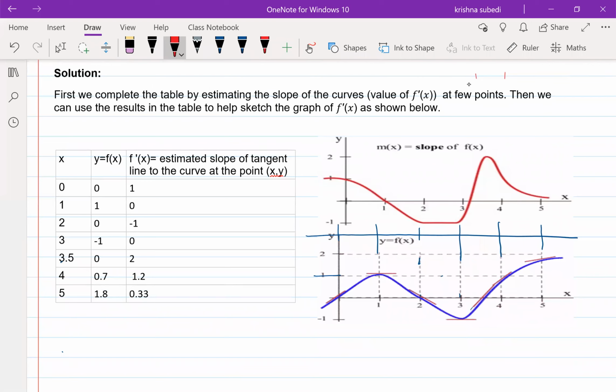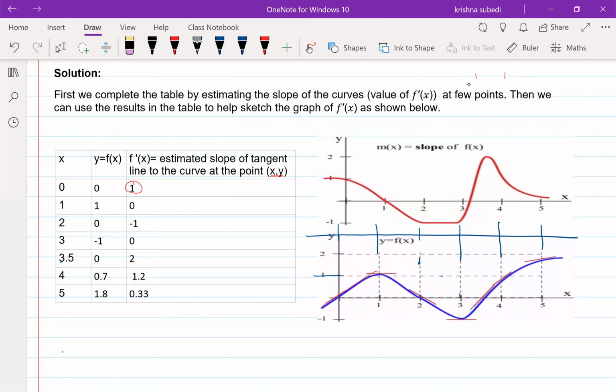At x equals 0 and y equals 0, if I draw the line, as you can see, this tangent line looks to me like rise is 1 and run is 1. So the slope is rise over run, so 1 over 1. So at this point, the slope of the tangent line is 1. Okay, approximately. You can write 1.1, 1.2, 0.9, that's fine, but approximately 1 to me.